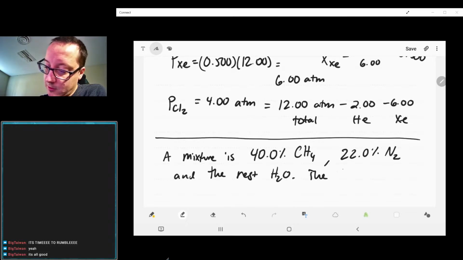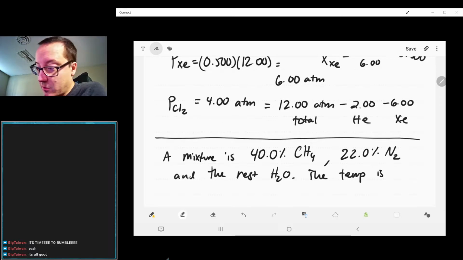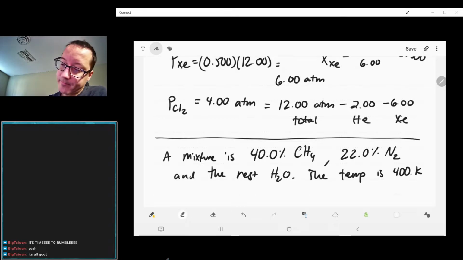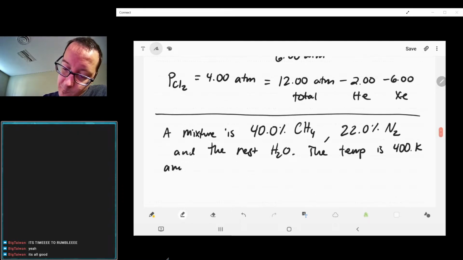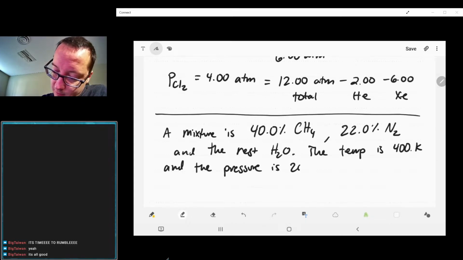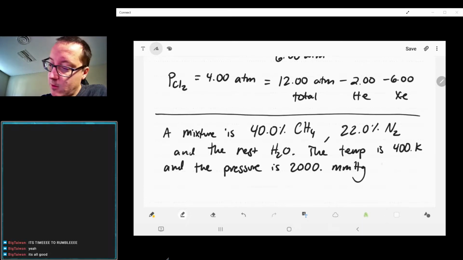The temperature is, let's see, it's going to have to be above 100, so let's make it 400 Kelvin. And the pressure is 2,000 millimeters of mercury in a 16-liter container.